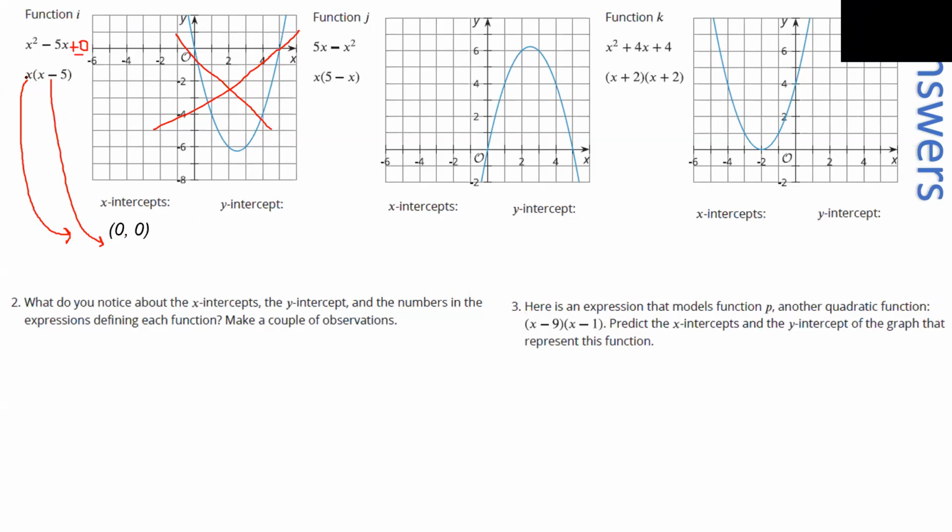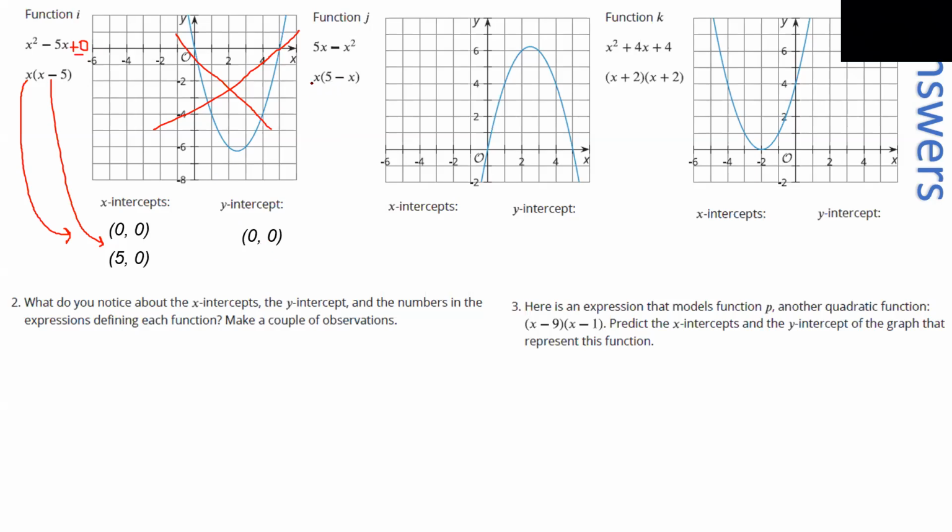This x doesn't have a number inside of it, so that coordinate point would just be (0, 0). In this case, x minus 5, we change the sign of minus 5, and it'll be (5, 0). Here, our y-intercept, because it doesn't have the third term or the constant term, would be (0, 0).